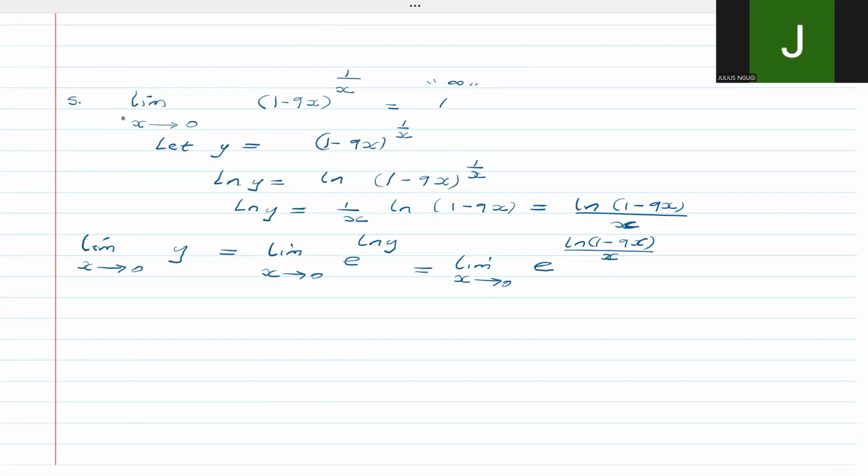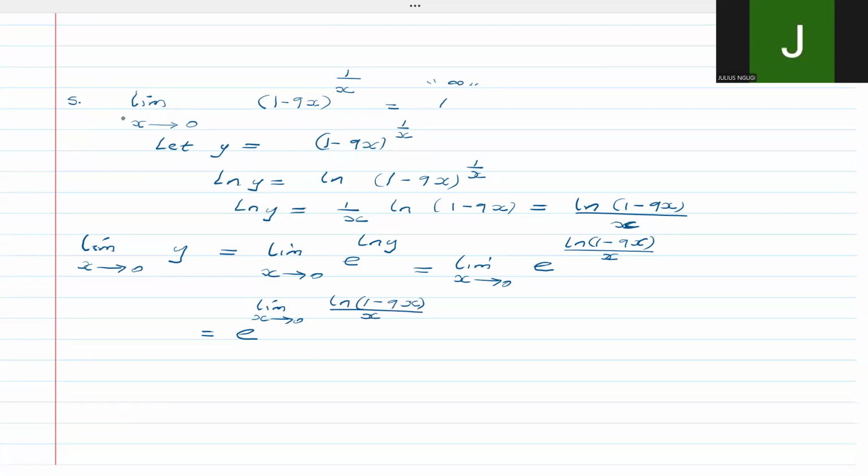By the limit operations, this is the same as the exponential, then the limit first, as x approaches 0 of ln of 1 minus 9x divided by x.